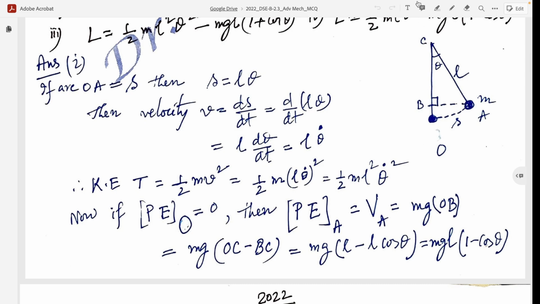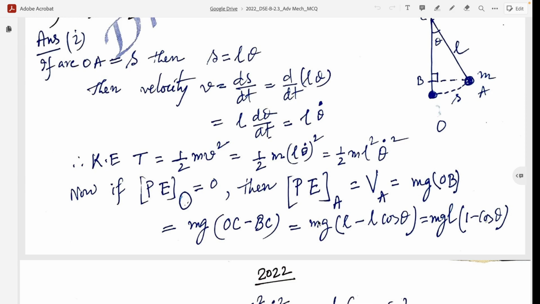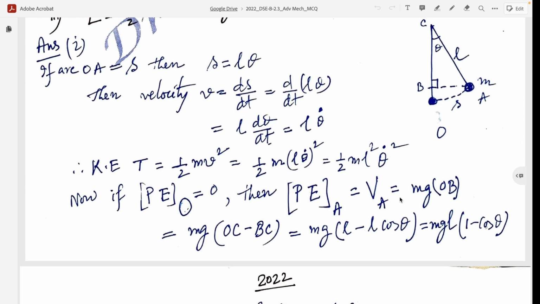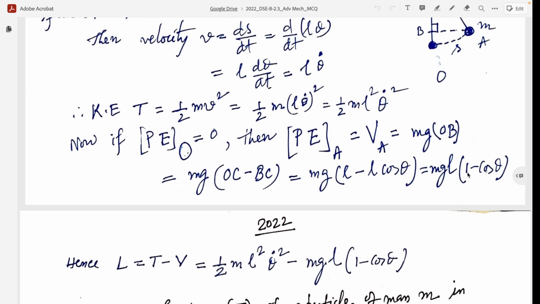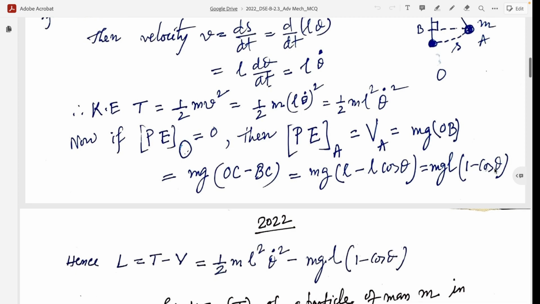OC is the length of the pendulum, l, and BC equals l cos theta. Obviously, from the right-angle triangle we can easily find BC by l equals cos theta. So m g l (1 minus cos theta).